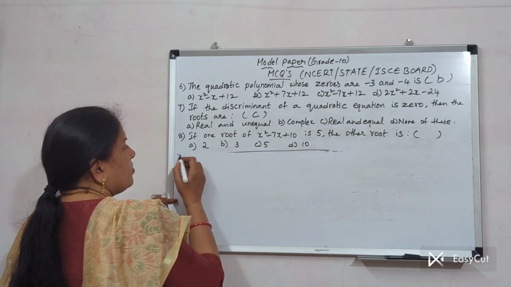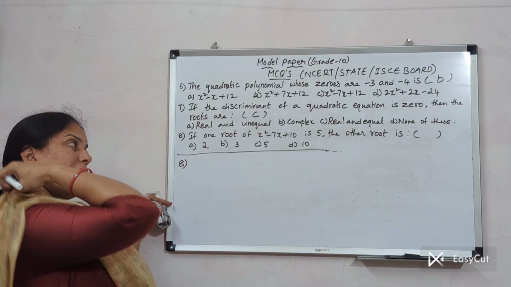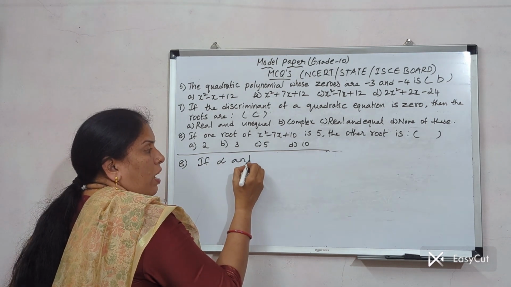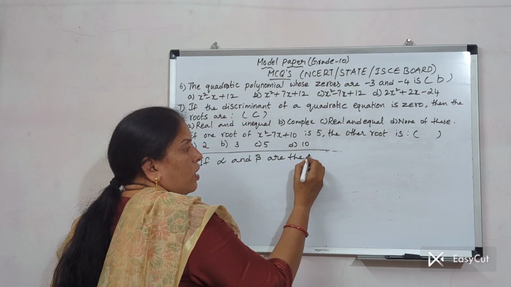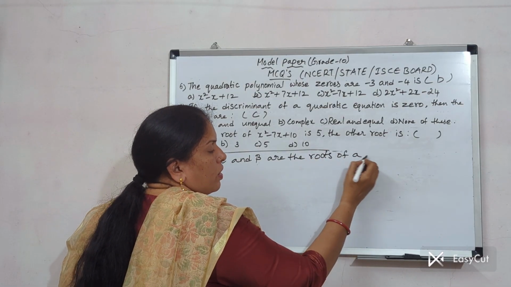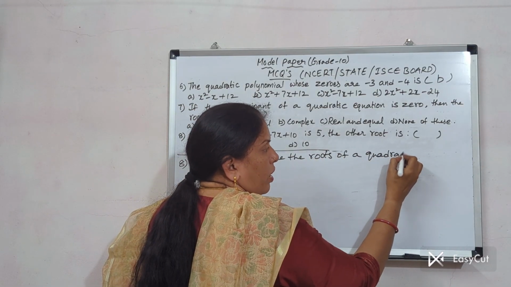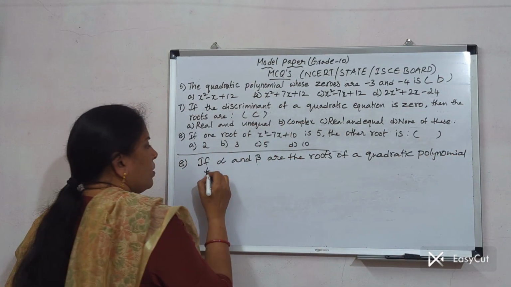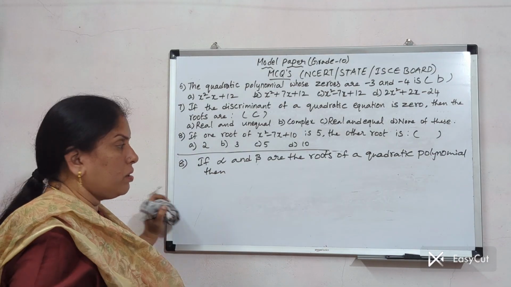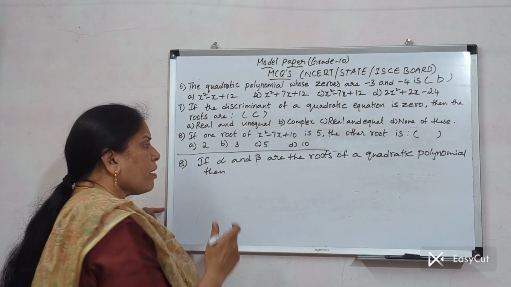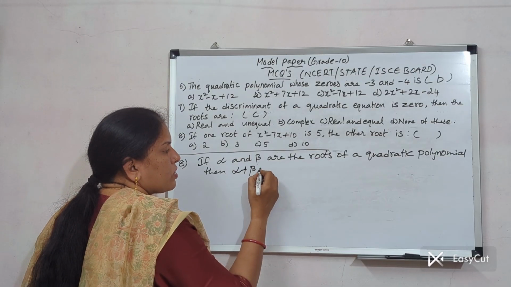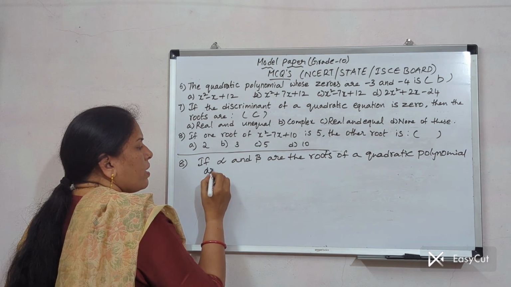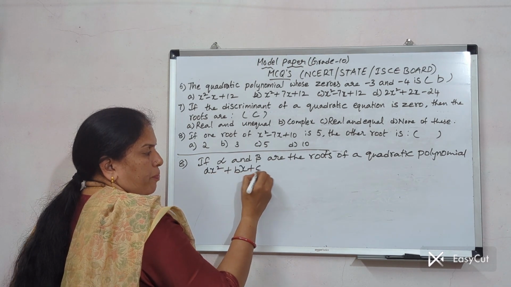See here, children. They have given that for the quadratic polynomial, one root is given. If alpha and beta are the roots of a quadratic polynomial, what is the quadratic polynomial? ax square plus bx plus c.